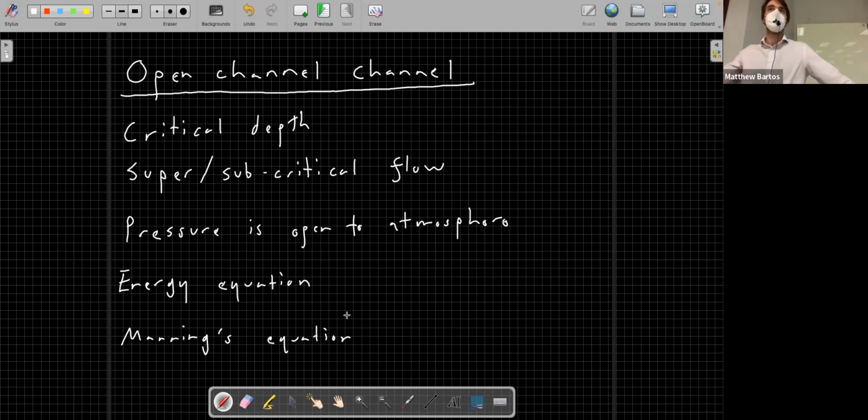The slope. Yes, the slope of. Yeah, so we'll talk a bit about it. I think I saw 2 more. Any other guesses? Yes. So if Manning's equation applies, you'll be at the normal depth. But there's a condition under which Manning's equation applies, and if that condition is not met, it won't be valid.